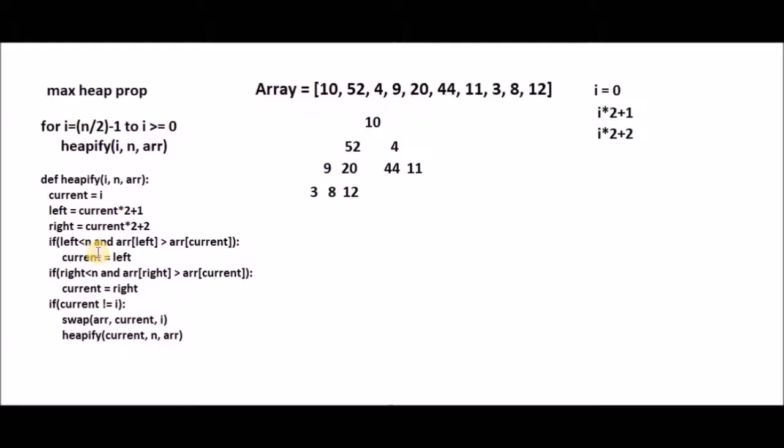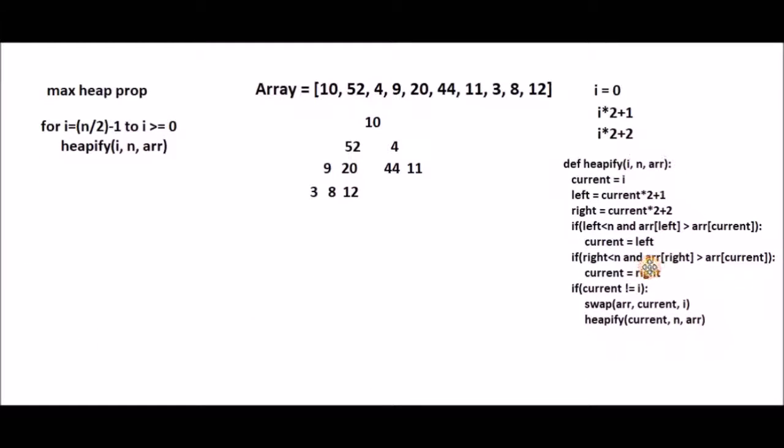And that's my Heapify function. Now this is my Heapify function, so let's run through this. I start with 20, and let me put this Heapify function over here. So now I start with 20.